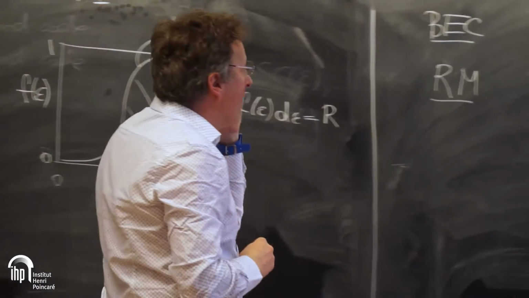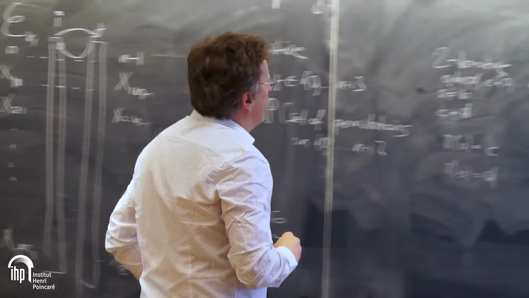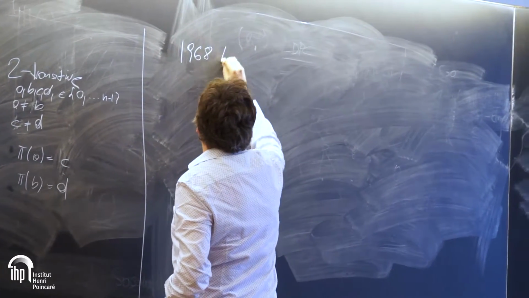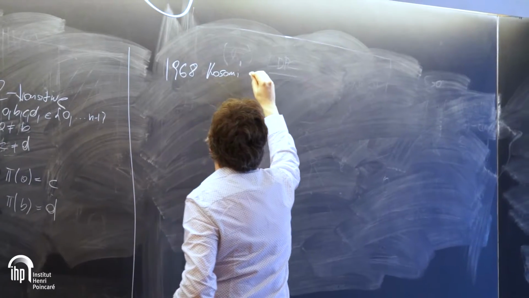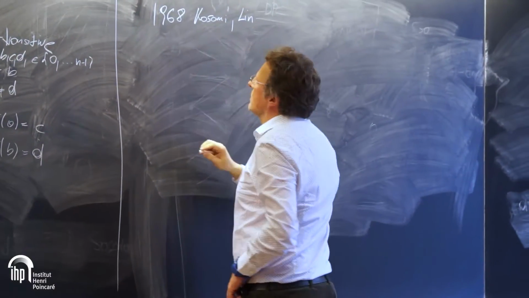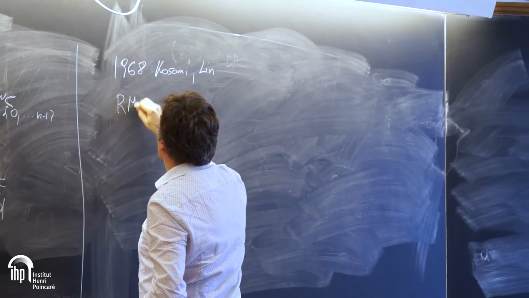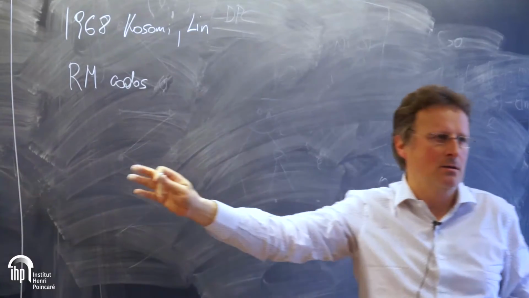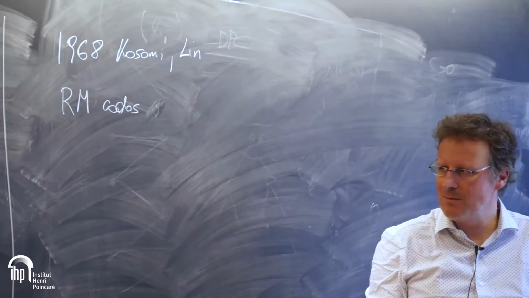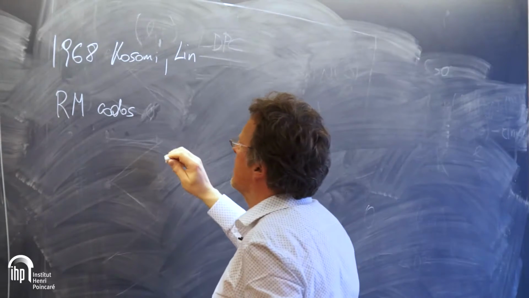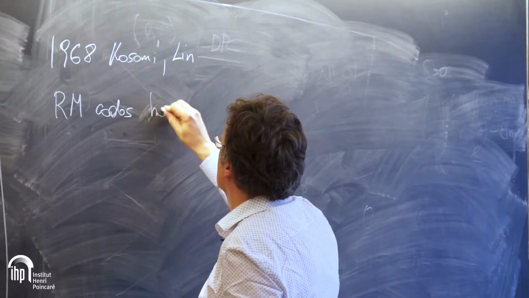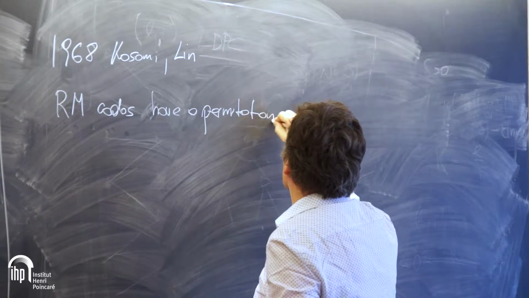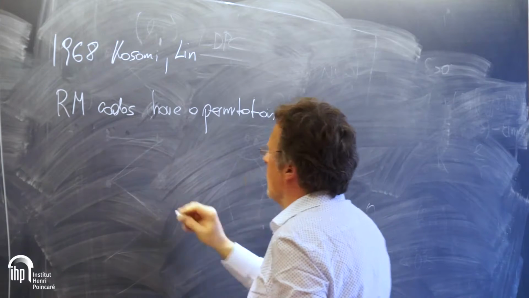Now, in 1968, Kasami and Lin showed that if you take standard Reed-Muller codes and look at their permutation group, the permutations that keep the code invariant, Reed-Muller codes have a permutation group that includes the following.